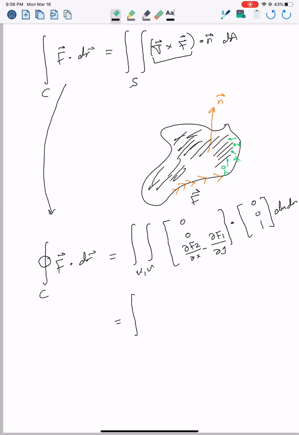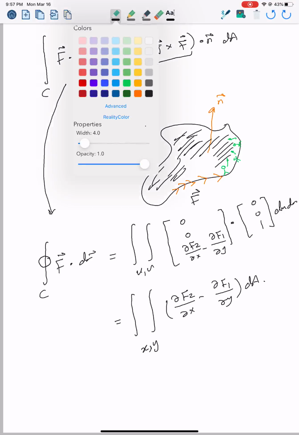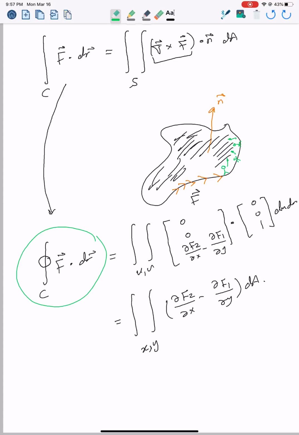So this is exactly double integral over x and y, because u and v, they are exactly x and y, and when you do the dot product, it's df2 dx minus df1 dy dx dy, which is dA. So basically in the left side you have this quantity, in the right side you have this quantity, but this is exactly what? This is exactly Green's theorem.